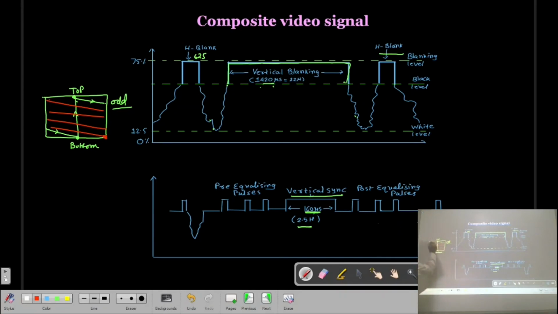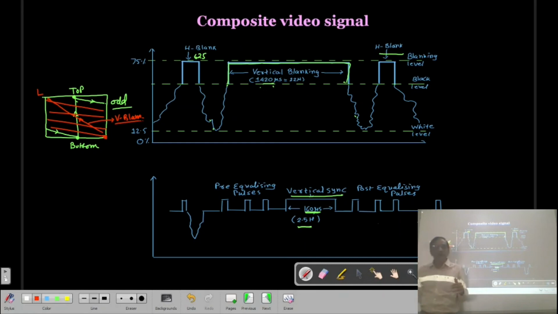And then the electron beam has to move to the top left corner. So during this time period, again we have another blanking pulse. Correct? Now here the blanking pulse is generated after the half of the line. In the even field, the blanking pulse is generated after the complete line.